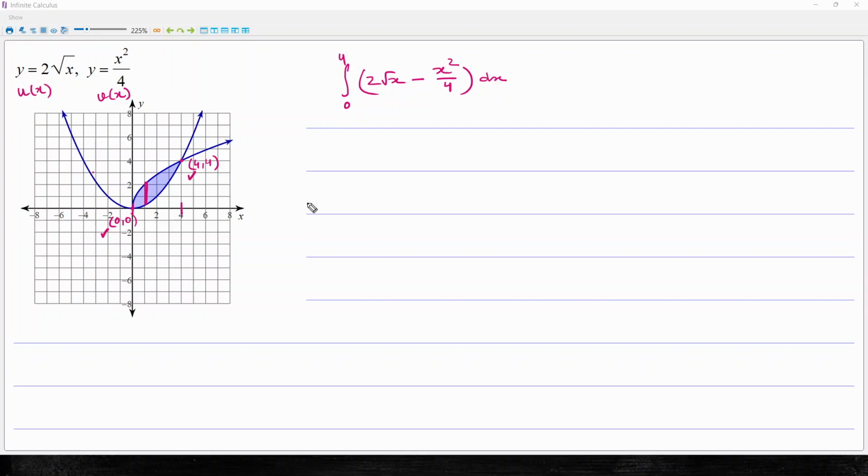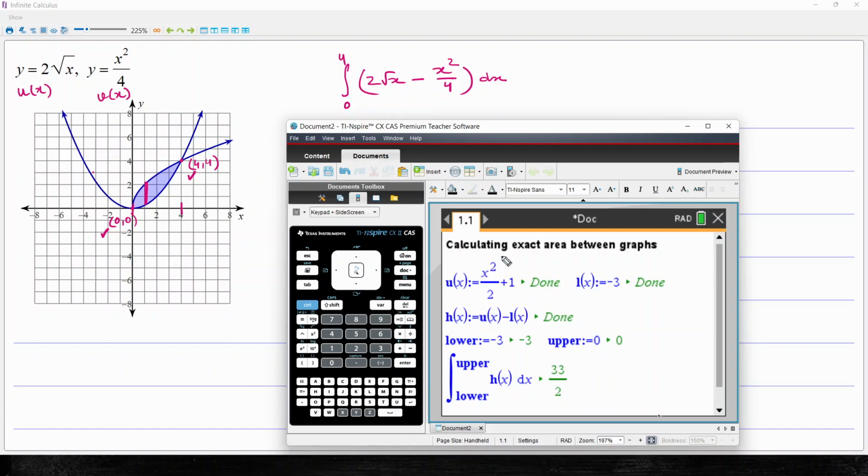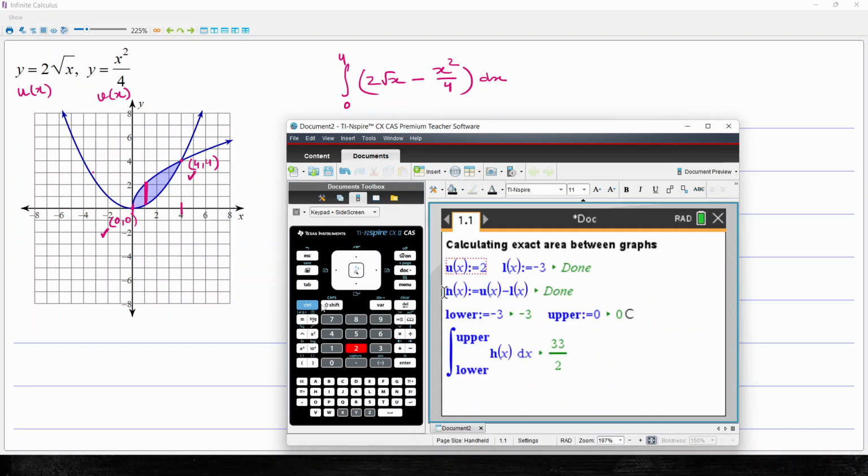So let's use our calculator. The upper function is 2 times the square root. Control this will give us the square root. Pressing enter to accept. The L of x is x square over 4.